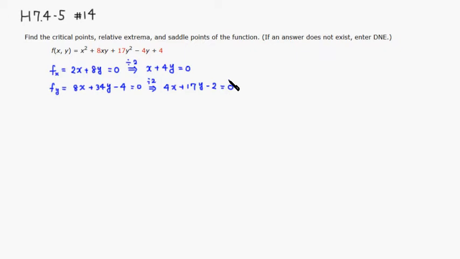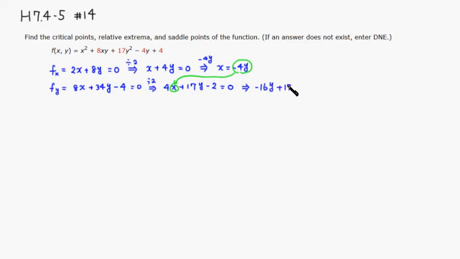Then what we can do is probably just solve this guy for x, just subtract 4y. So x is equal to -4y. Then we can just plug this right in here, where there's x. That's going to give you -4 times 4, which is -16y, plus 17y, which is kind of convenient.